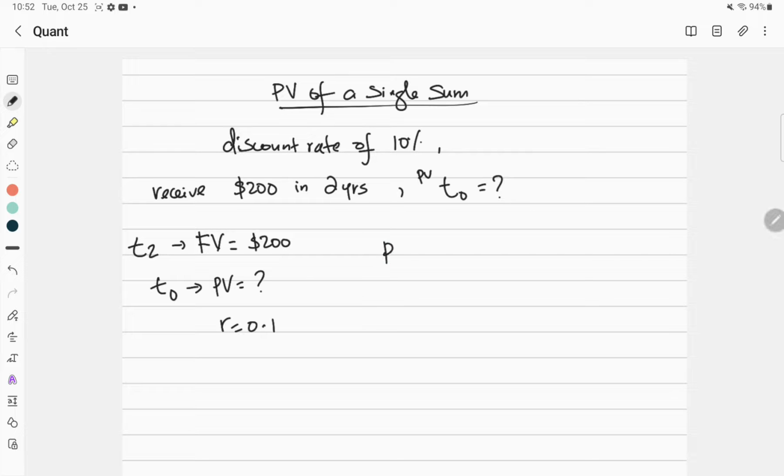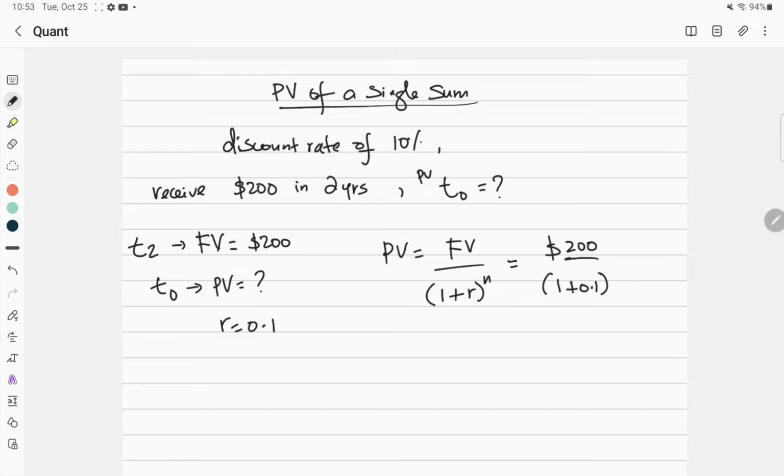So the present value is calculated as future value divided by 1 plus the discount rate raised to the number of periods. The future value, which means in 2 years, you would be receiving a lump sum, a single payment of $200. That present value, the amount you have invested 2 years earlier, will be discounted at a rate of 10% annually.